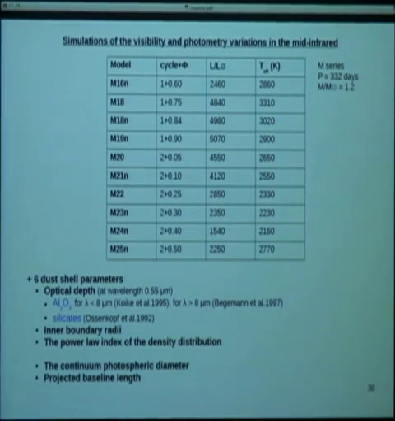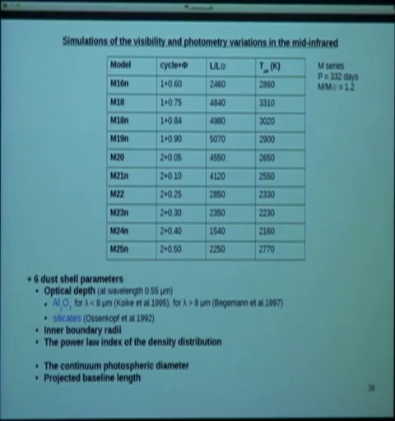Here are some details about modeling. There are 2 series of models. The models were designed for typical AGB stars, and there are 2 kinds of series, M and P. For our modeling, we used the M series because the parameters of our stars are closer to the parameters of the stars the models were developed for.